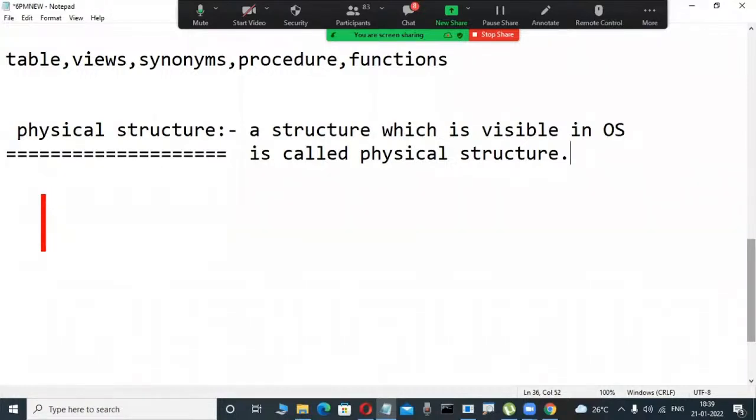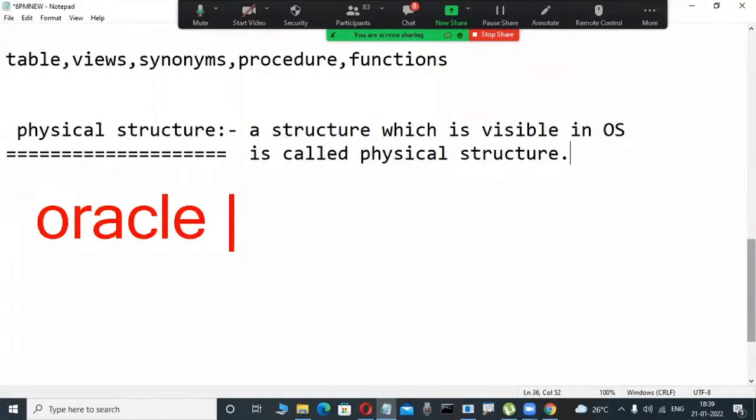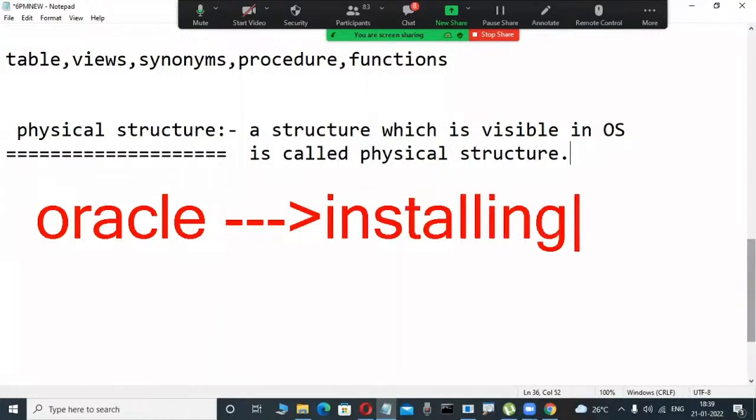Your PowerPoint, MS Access, Word, anything we load, physical files are created. Same like that, Oracle is a relational database software. MySQL, SQL Server, for example. Whenever I'm installing Oracle, automatically physical files are created.